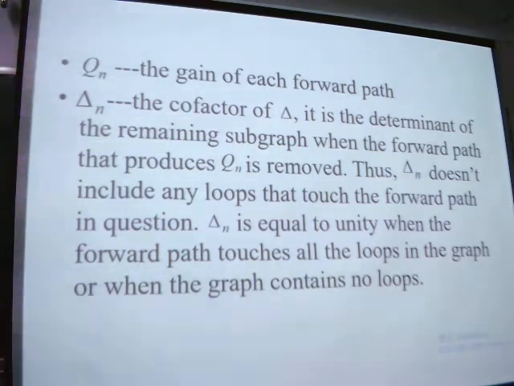The big N is the number of forward passes. And this delta M is the cofactor of delta. It's determined by the remaining subgraph when the forward pass that produced Qn is removed.